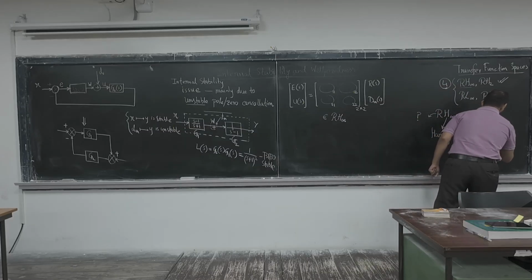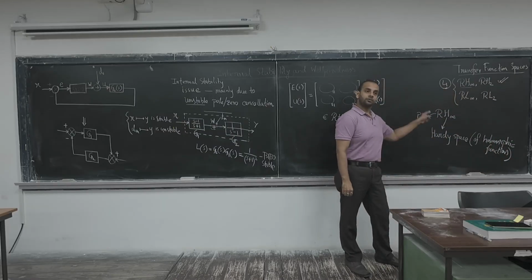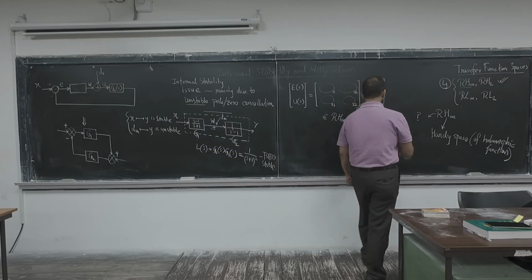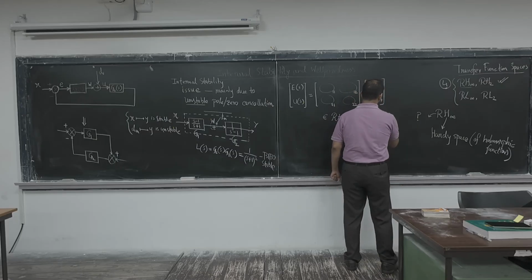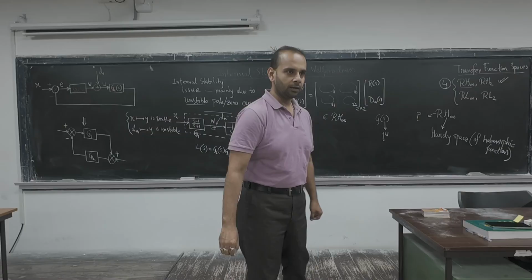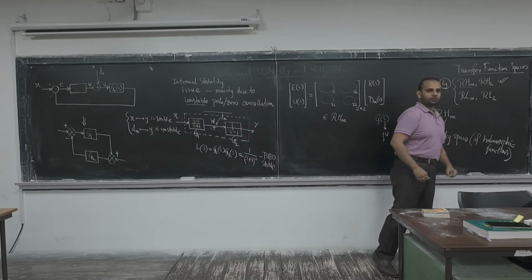In the transfer function domain, we have one kind of expression, and in the state-based we have another kind of expression. Ultimately, they will become the same object. So here we will derive, tomorrow I will show you what will be the ABCD matrices of this whole interconnection. Then it will be completely clear.